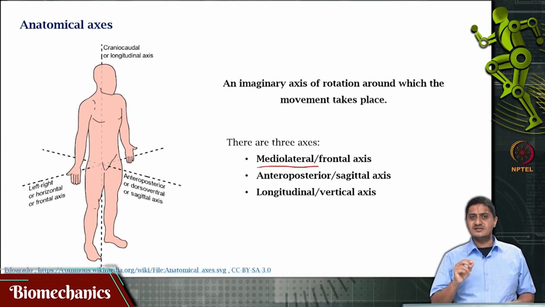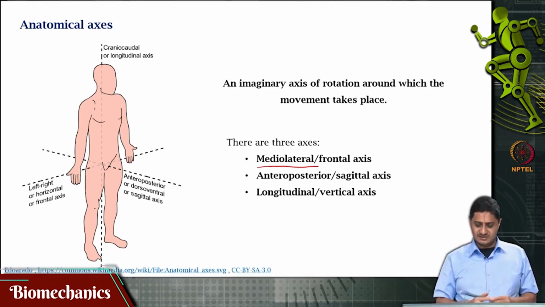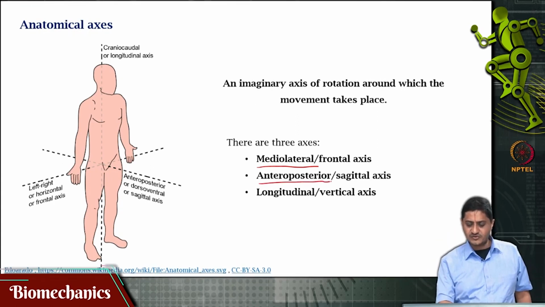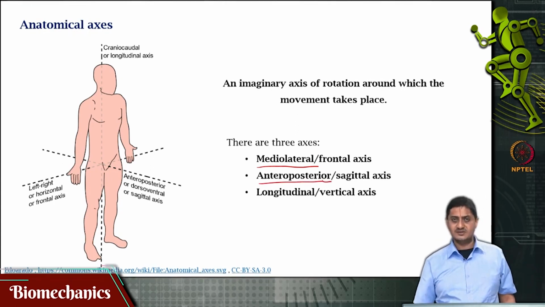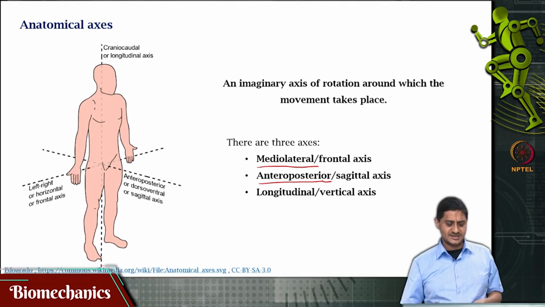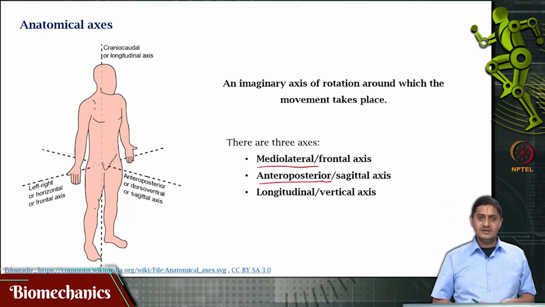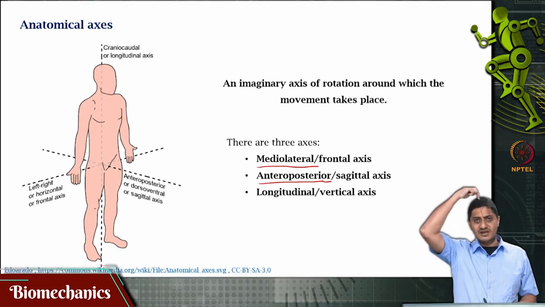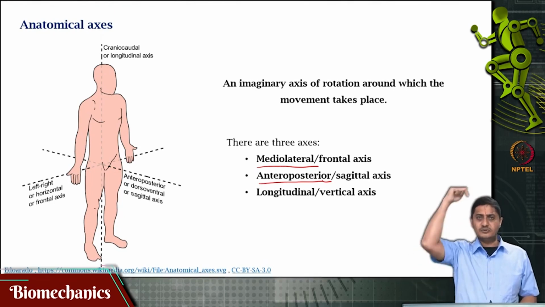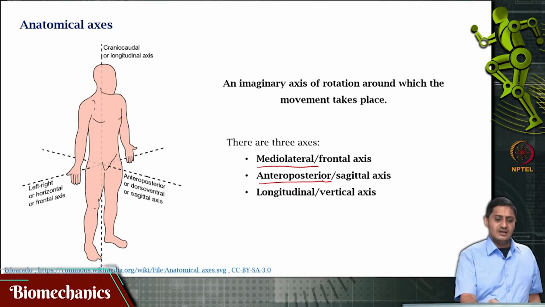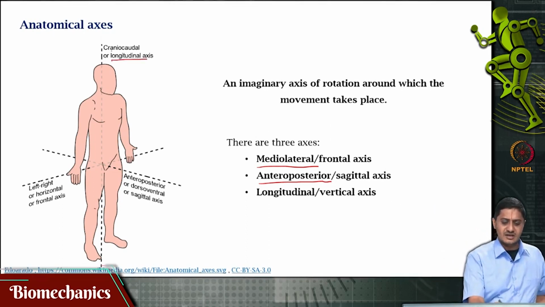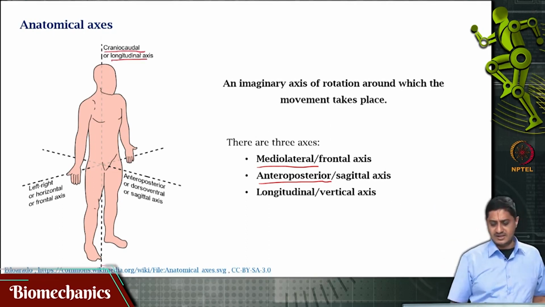Then you have the axis that goes from the front to the back. This is the antero-posterior axis. Then you have the axis passing through the head, from the head to the tail, from the top to the bottom. This is the longitudinal axis or the craniocaudal axis.